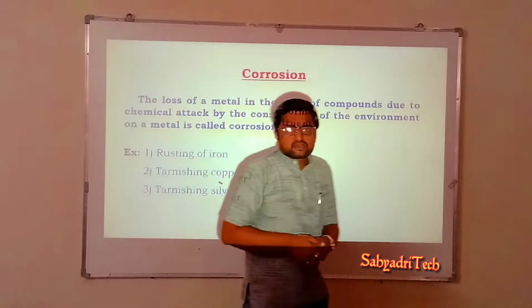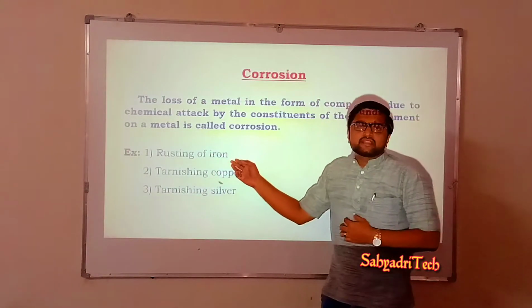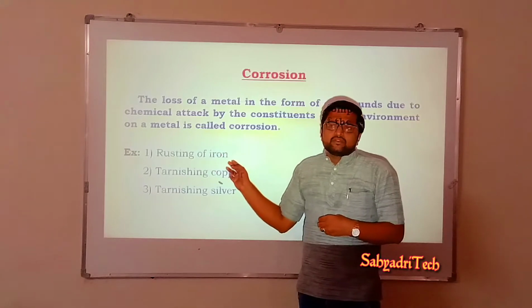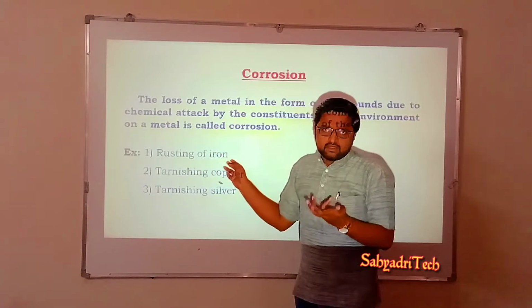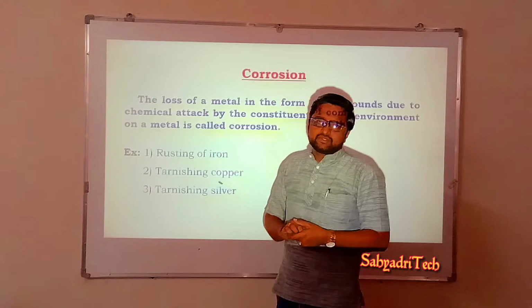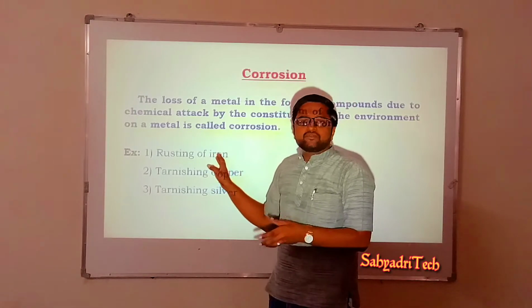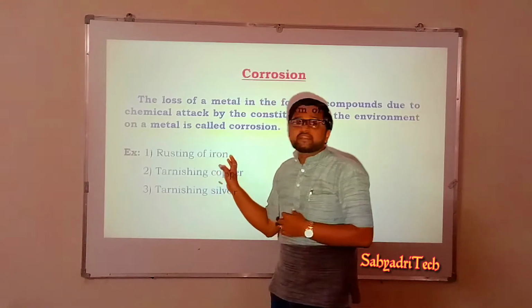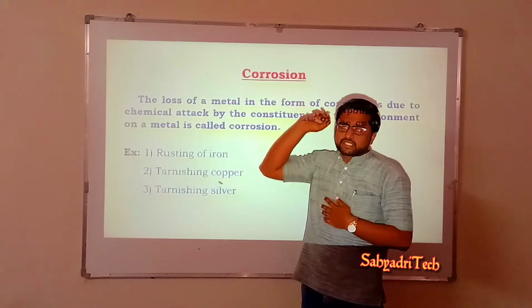A well-known example of corrosion is the rusting of iron. Usually we know iron gets converted into its oxides during rusting, so iron is lost in the form of rust.